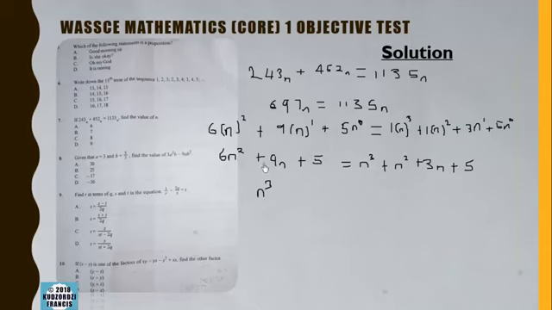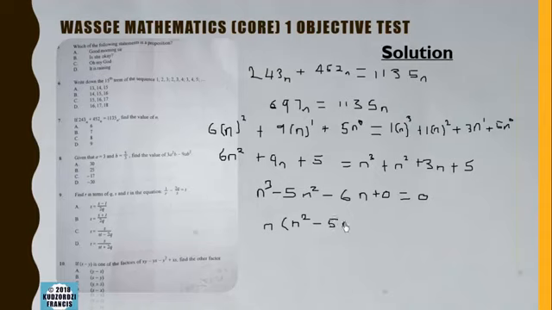Now we simplify further. So n squared minus 6n squared will give us negative 5n squared, and 3n minus 9n will give us minus 6n, and this will give us 0. So plus 0 is equal to 0. So this is the same as n cubed minus 5n squared minus 6n equals 0.